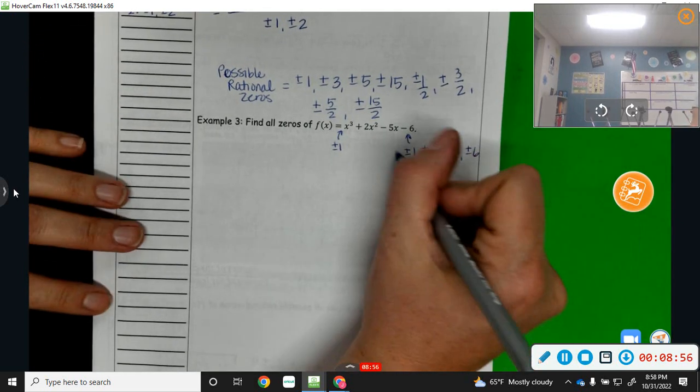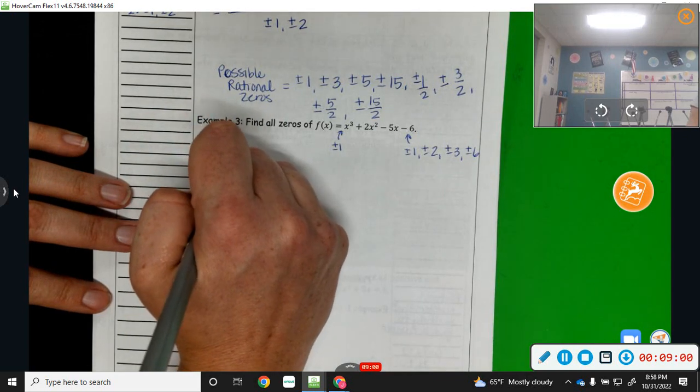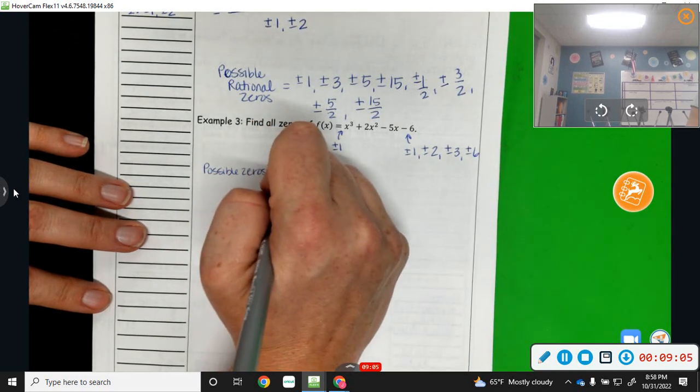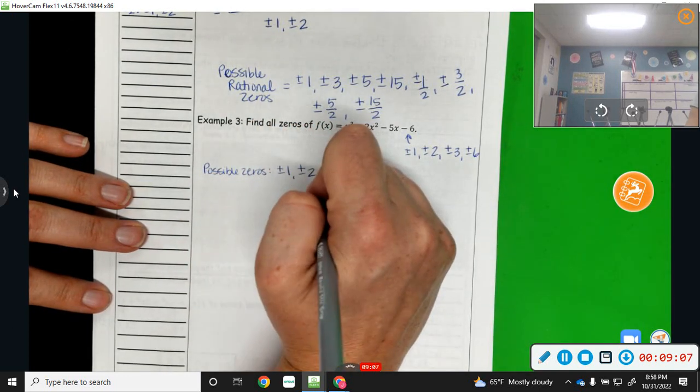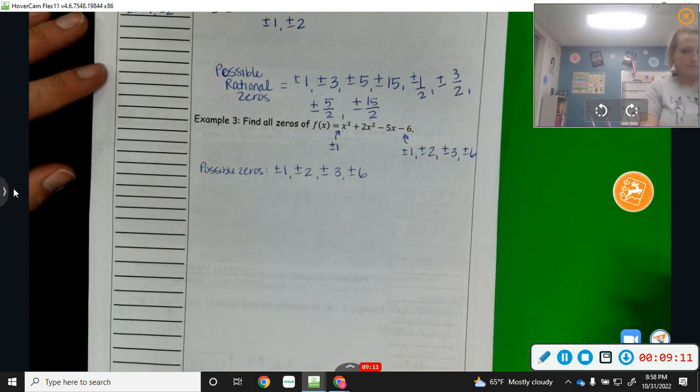Okay, so if I divide these by that, my possible zeros are positive negative 1, positive negative 2, positive negative 3, and then positive negative 6.